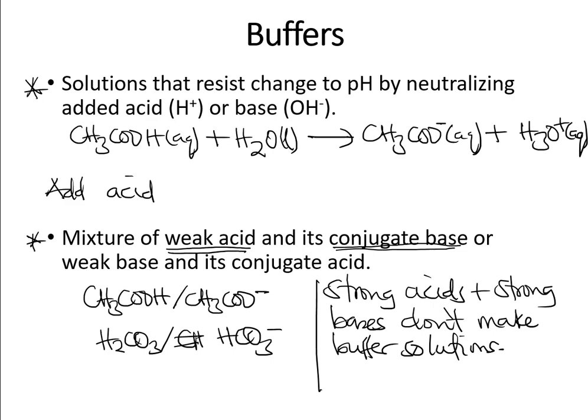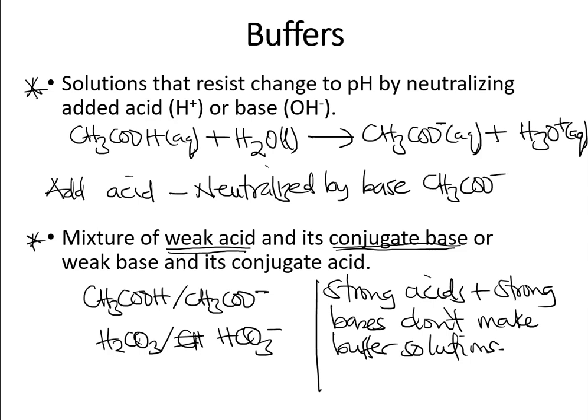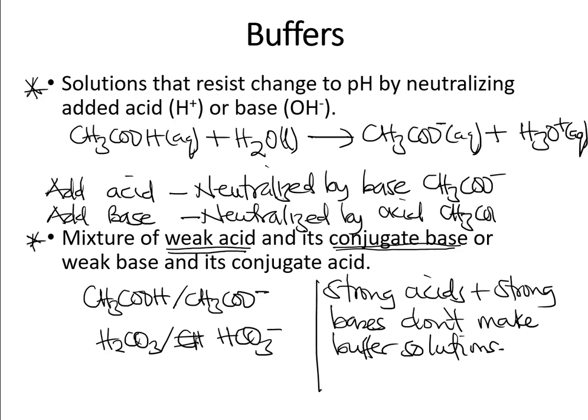So if I have a buffer like this one, if I add acid, the acid is neutralized by the base CH3COO minus. If I add base, the base is neutralized by the acid CH3COOH.